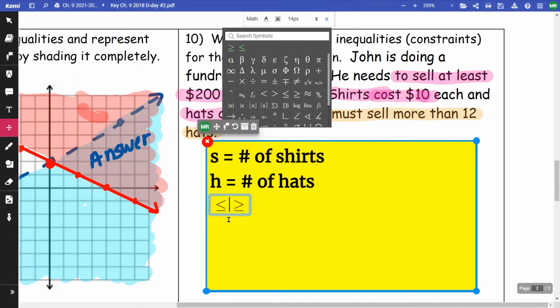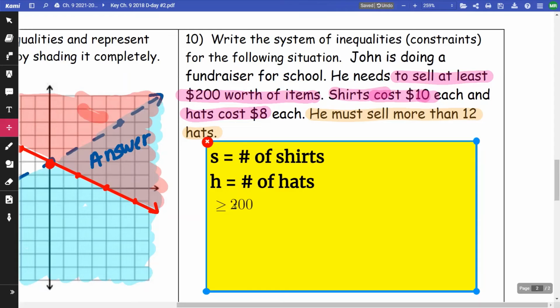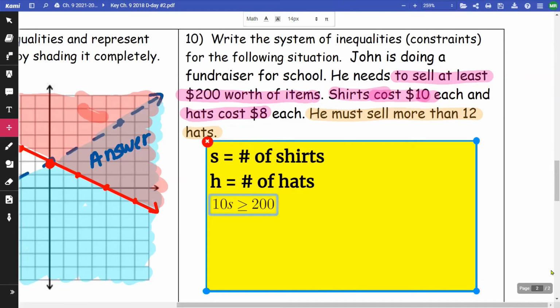I'm saying one and typing the other, greater than or equal to 200, because he has to sell at least $200, so $200 or more. Each of his shirts, which he has S shirts, cost $10, so that's going to be 10S, plus each of his hats, which he has H of them, cost $8, so 8H. That is going to be his having to sell at least, which means $200 minimum or more. So I've got the equal.